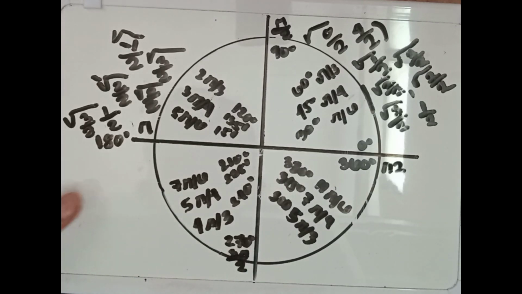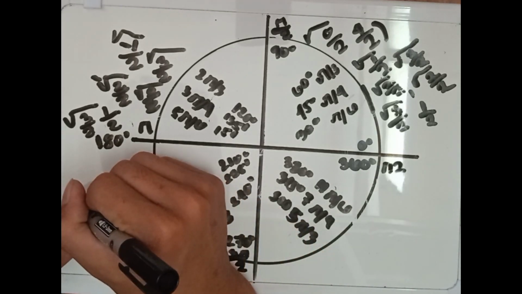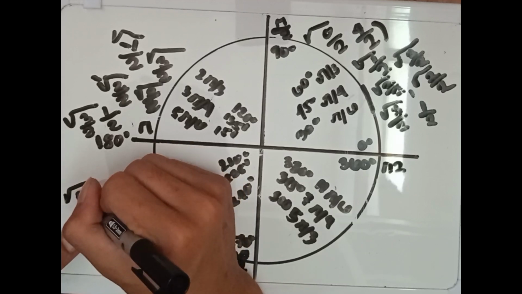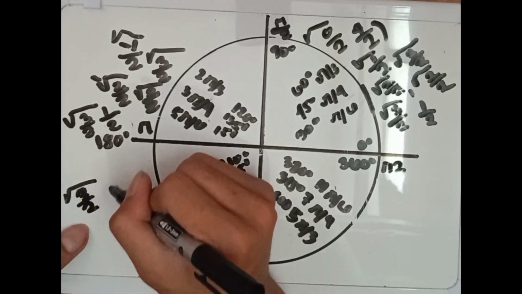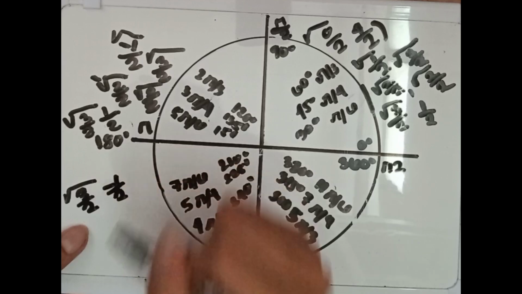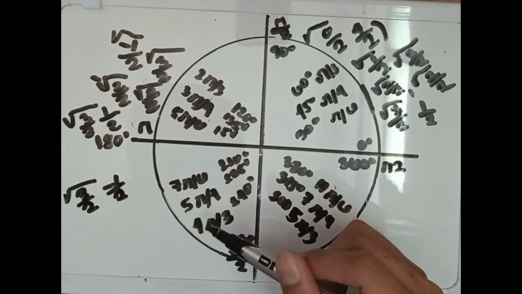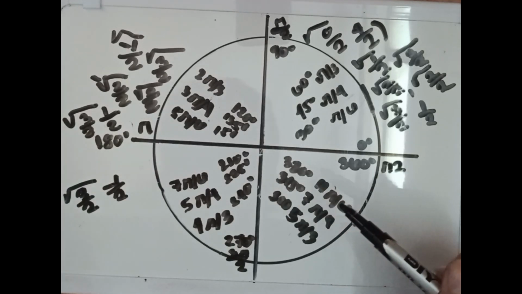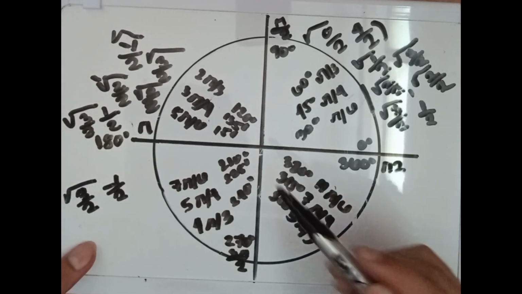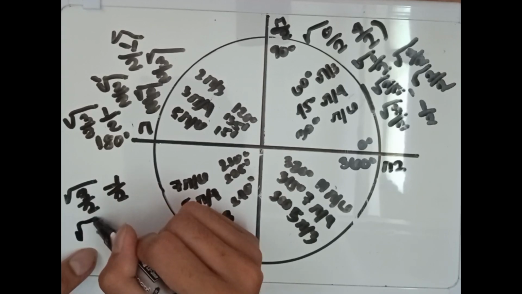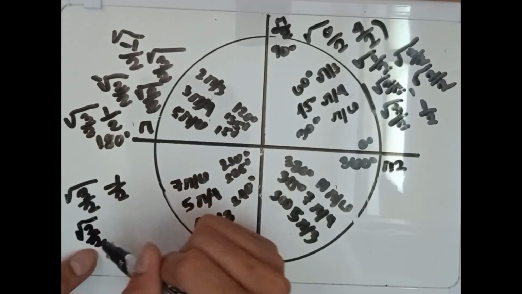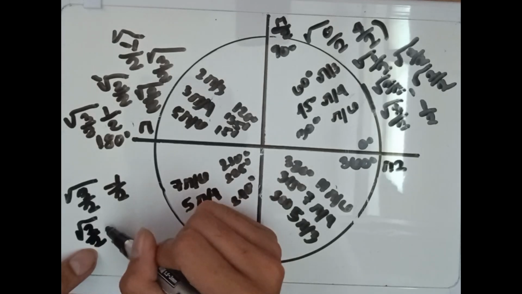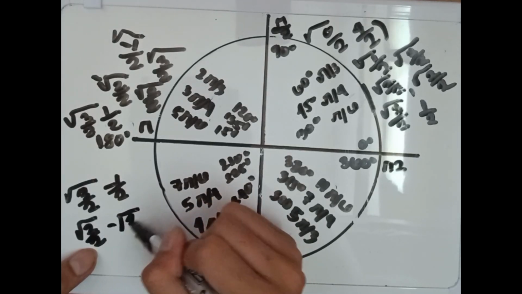Let's move on to this side. The x and y coordinates of 7 pi over 6, 210 degrees, are square root of 3 over 2 and negative 1 over 2. The coordinates of 5 pi over 4, 225 degrees, are square root of 2 over 2 and minus the square root of 2 over 2.